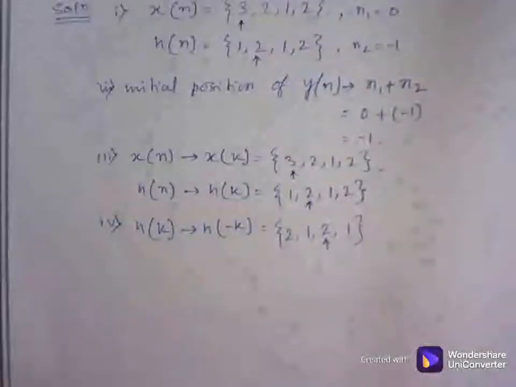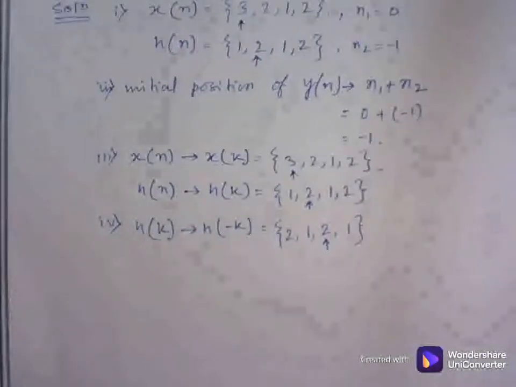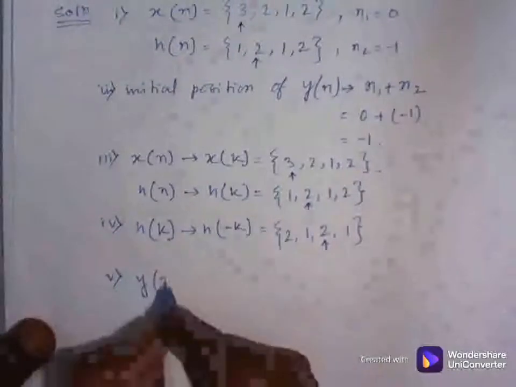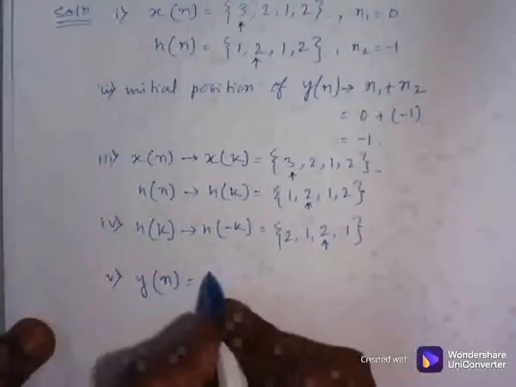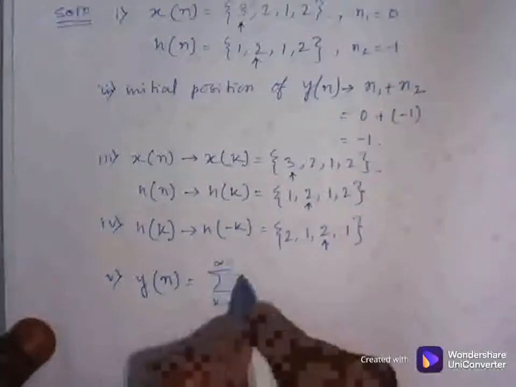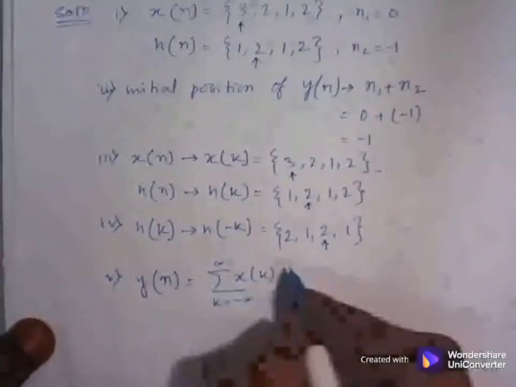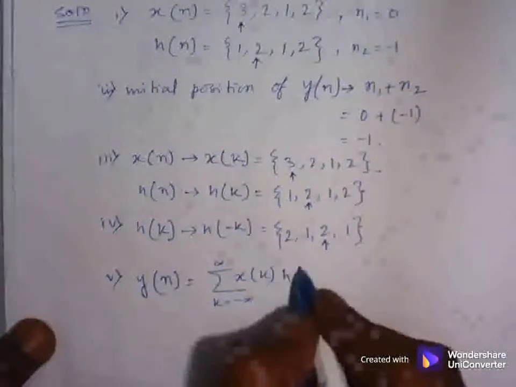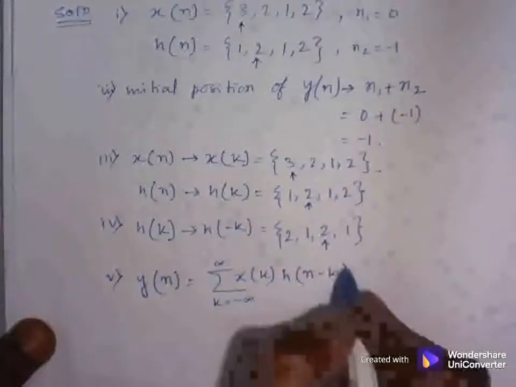Now the next step is to represent y of n as the sum over k from minus infinity to infinity of x of k h of n minus k.